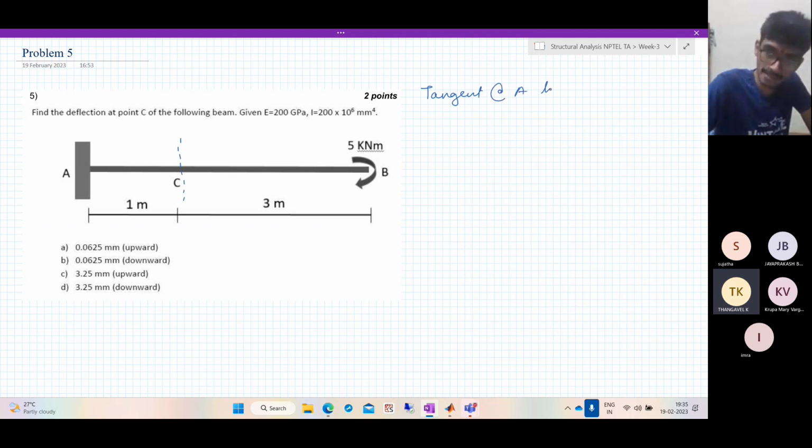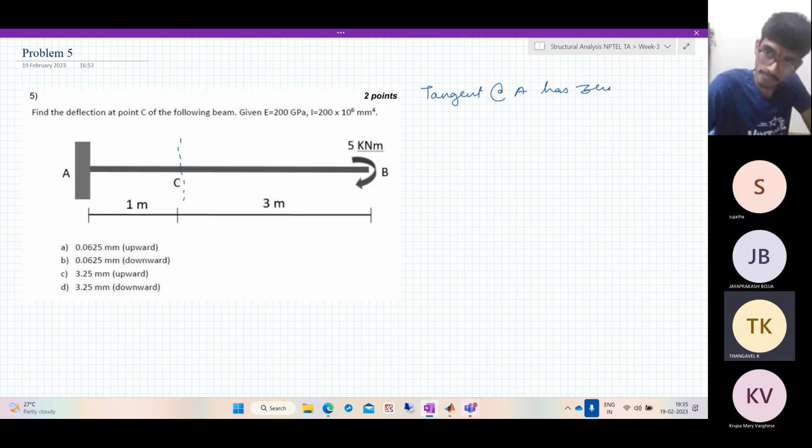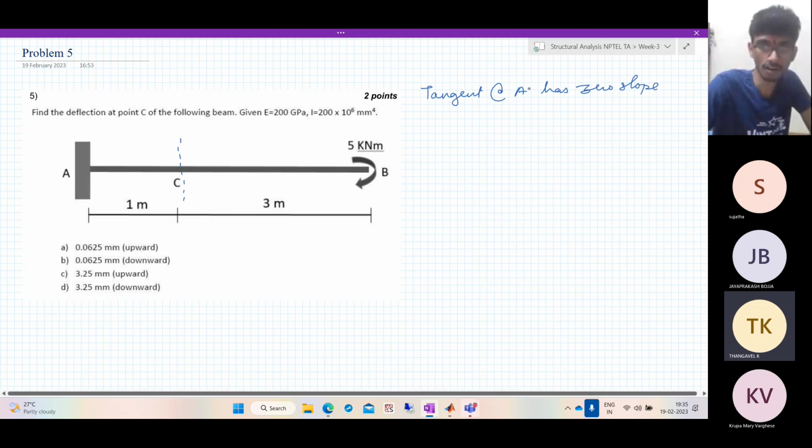Tangent at A has zero slope, as in the previous problem. For all cantilever beams, this is an advantage, which means the deflection of point C is the tangential deviation of the point C with respect to the tangent drawn at A. So again, this is the deflected shape. This will be delta C, and that's also equal to the tangential deviation TC with respect to A.